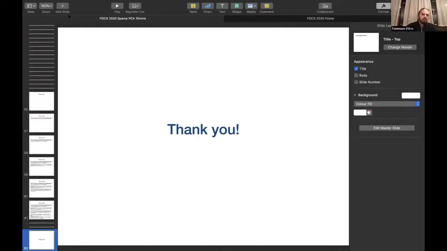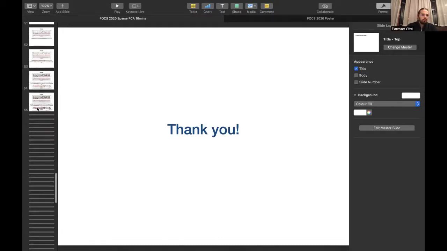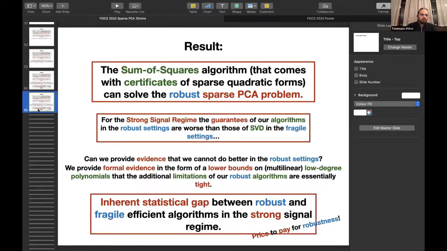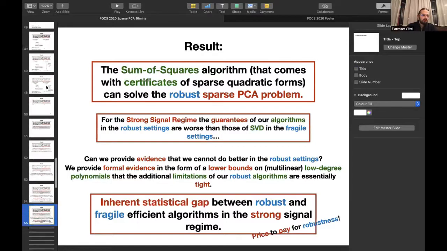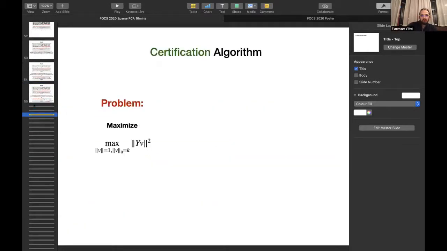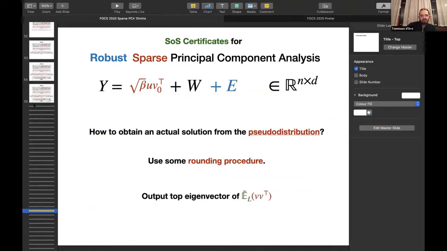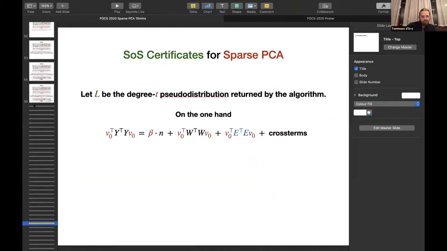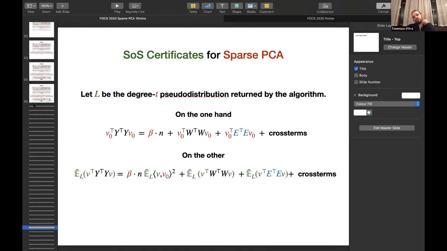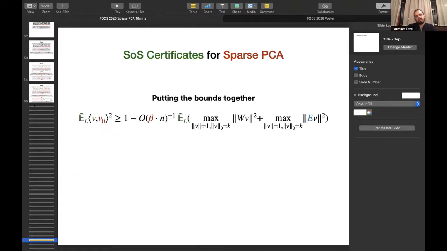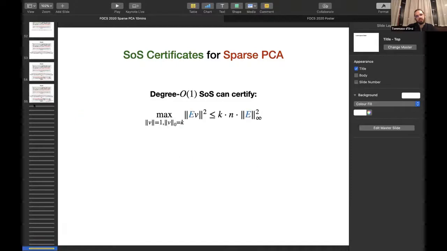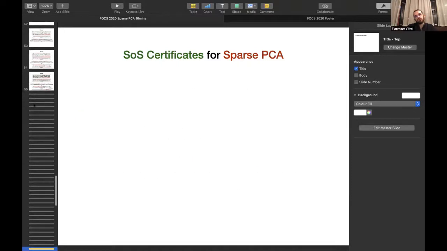Right, so for the bounds that we get, at least for the one that we described here, I should have some course on sum of squares. Yes, so for the strong signal regime, we use some techniques that are not new, in the sense that we use certifiable sub-Gaussianity.